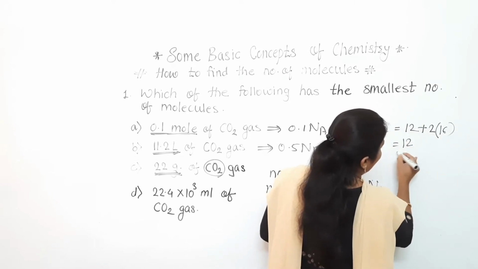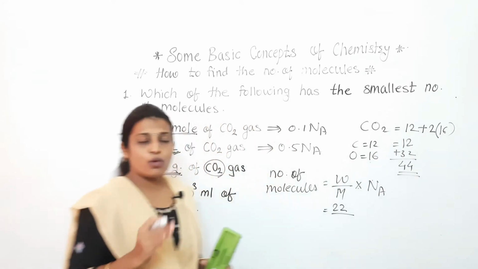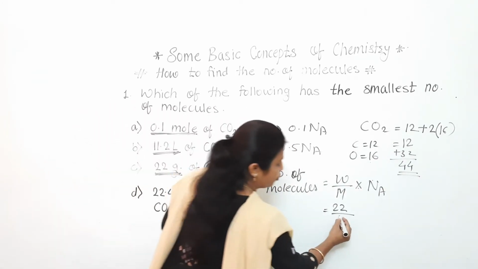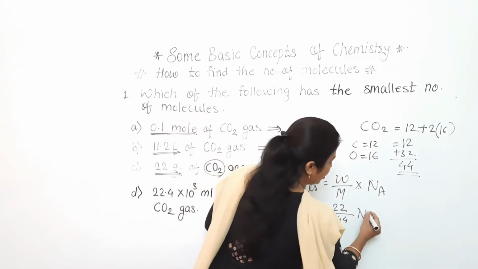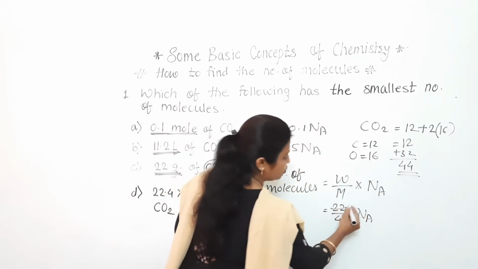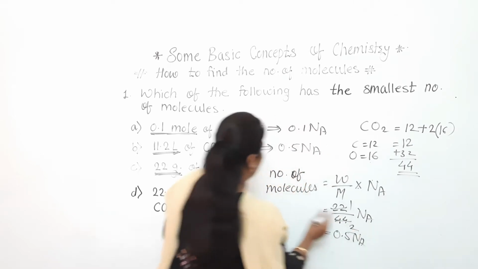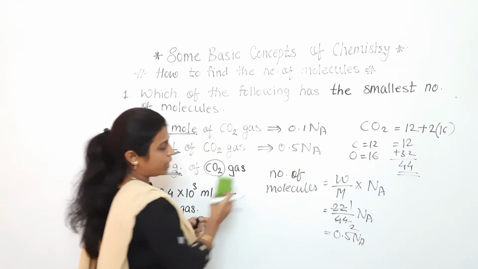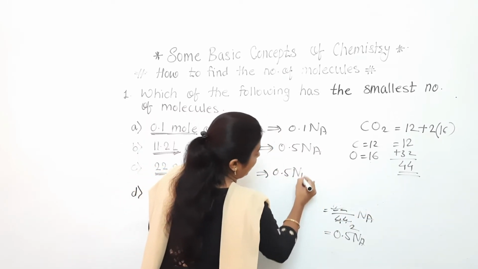In this way 12 plus 32 is equal to 44, means molar mass of CO2 is 44. So we are writing here directly 22 by 44 into Na. What about this one? 1 by 2, that is nothing but 0.5 Na. So for option C we are getting the answer 0.5 Na.